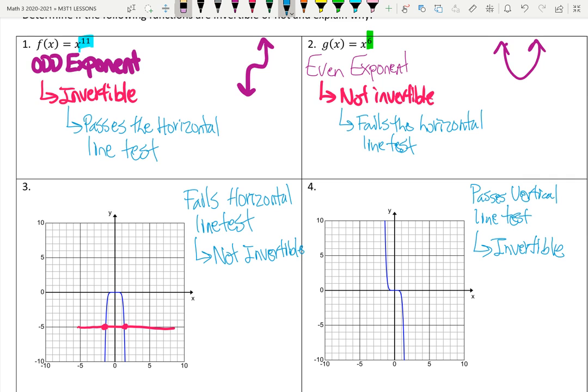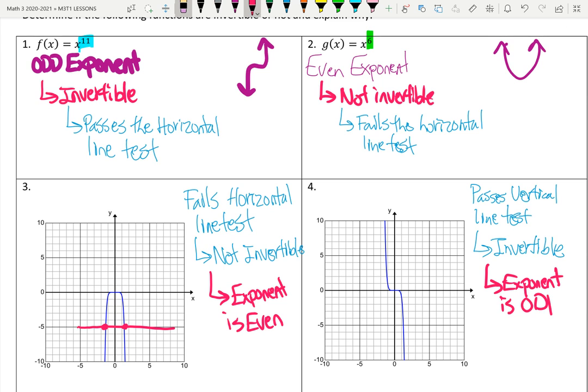Now, with some clever maneuvering, I can make one more conclusion. Because it is not invertible, that implies that the exponent is even. This implies that the exponent is odd. This is the extra level that I can go.